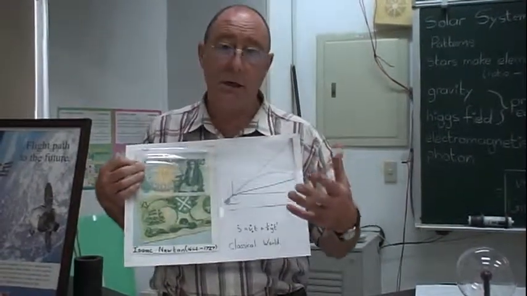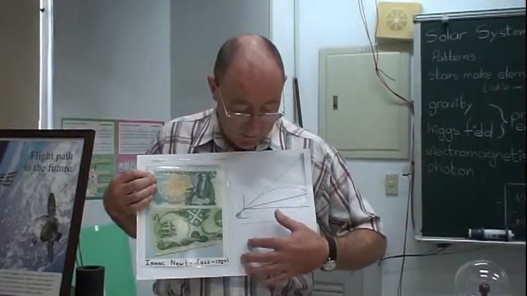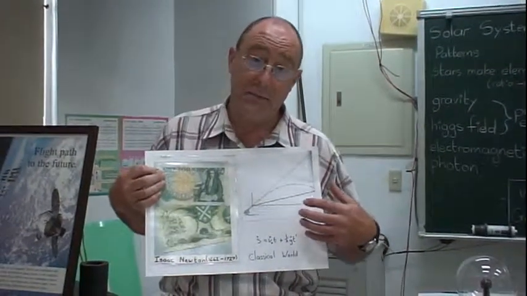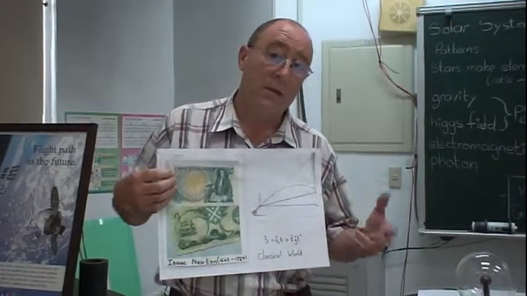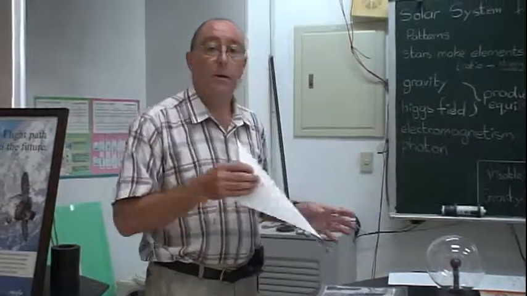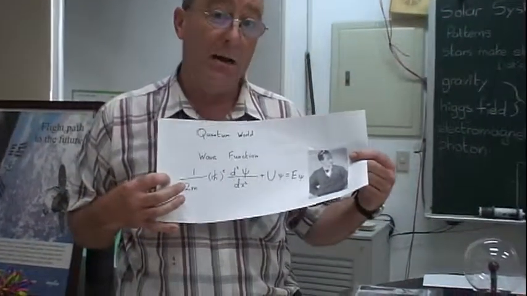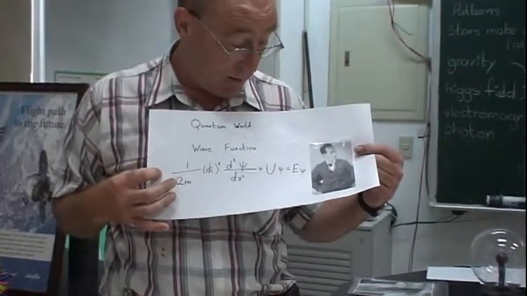So if I want to look at how something moves in a classical sense, I use an equation like this. But if I want to see how a quantum entity moves, I have to use an equation like this.